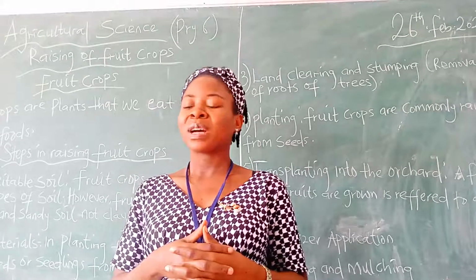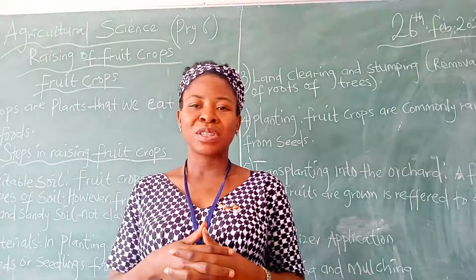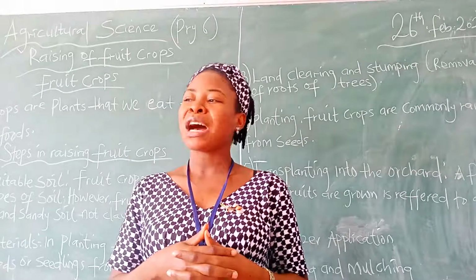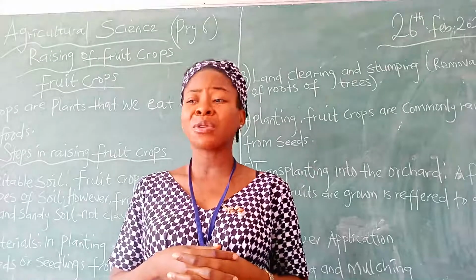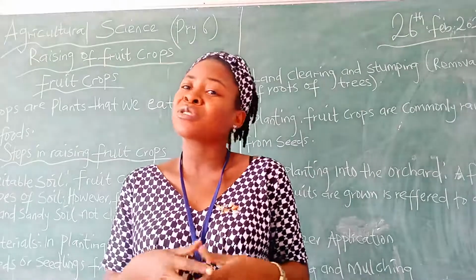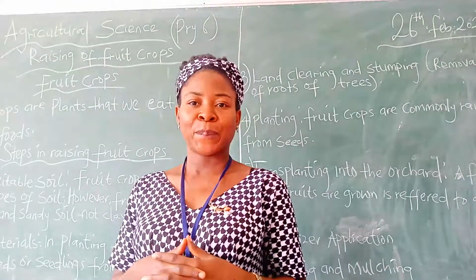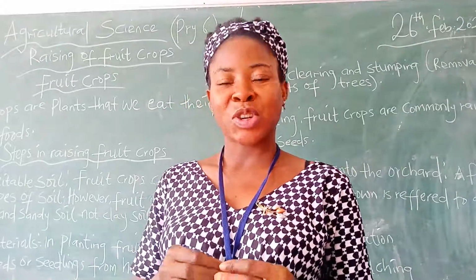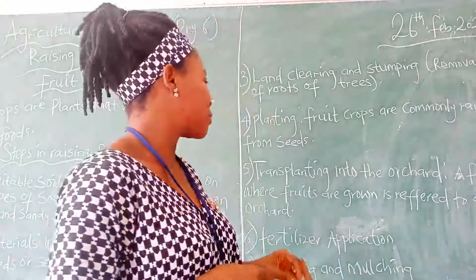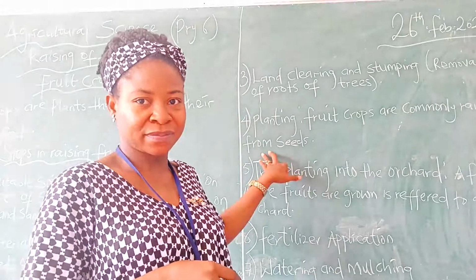In 2 weeks, you go back and say, let me go and check my plant, let me know how well, how far it has grown. If you get there, what you will see is empty land. Why? Because there is no plant. You did not plant any. So it's very important to plant your crops, which is the fourth step.